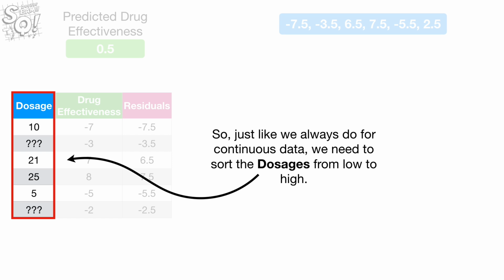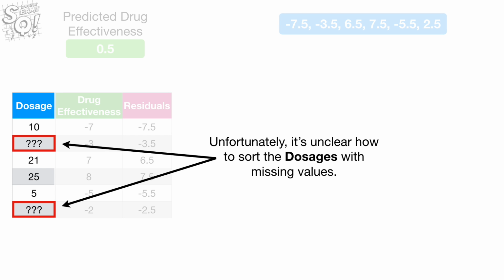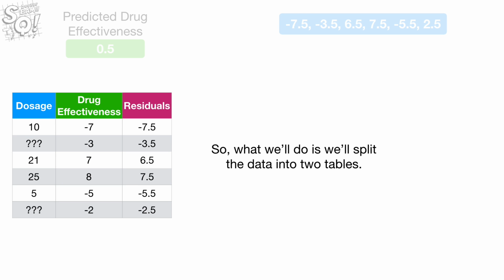Now we need to determine if splitting the residuals into two leaves will do a better job clustering them. So, just like we always do for continuous data, we need to sort the dosages from low to high. Unfortunately, it's unclear how to sort the dosages with missing values. So, what we'll do is we'll split the data into two tables.